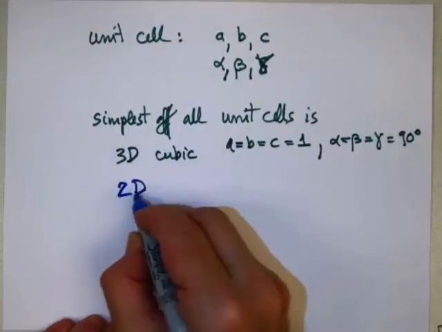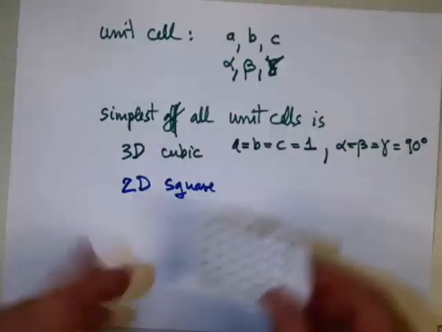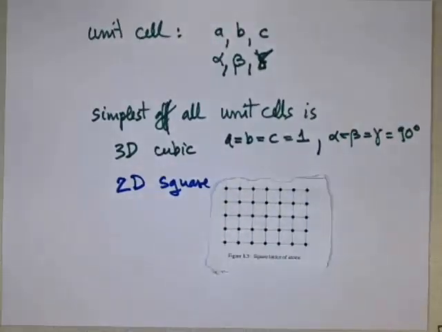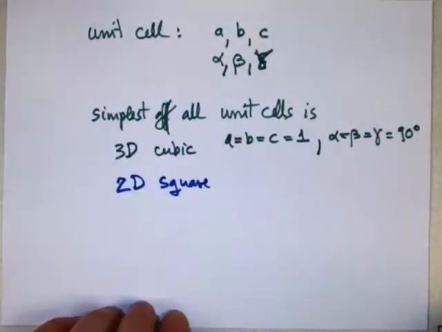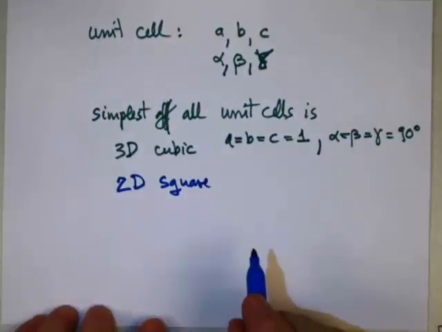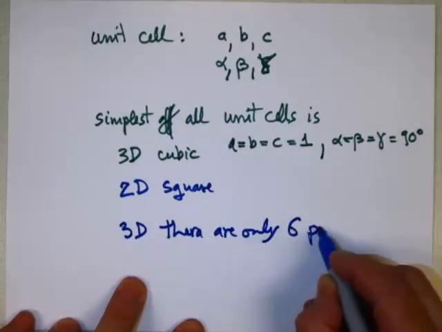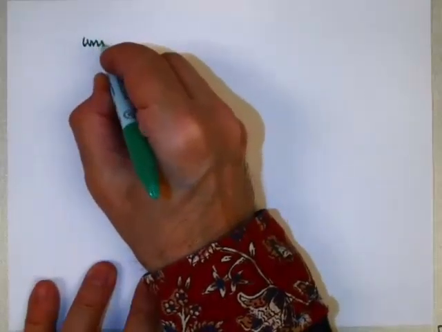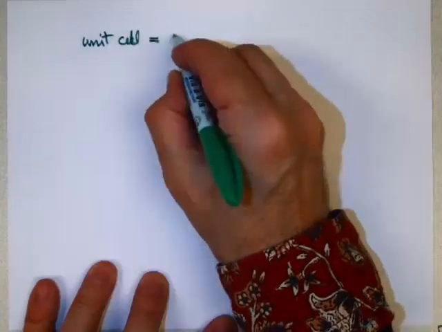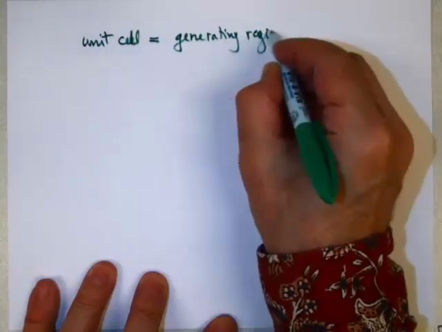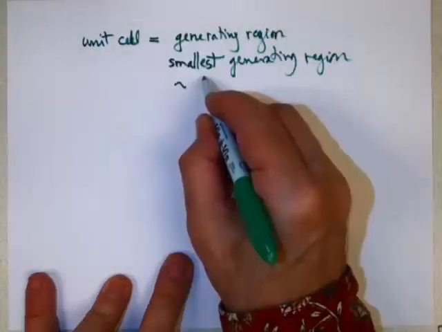We can talk about things. In 3D, there are only 6 primitive cells. So it's very restrictive. But primitive will mean the tile that tiles the whole space. A unit cell is always a generating region. If you have it, you can tile the space in 2, 3 dimensions. Or the smallest generating region, the fundamental domain, is the smallest one.